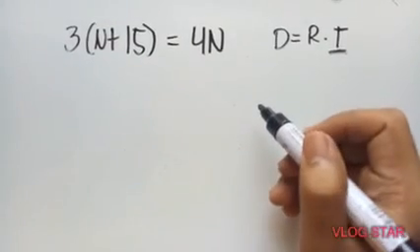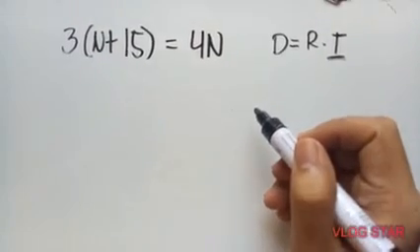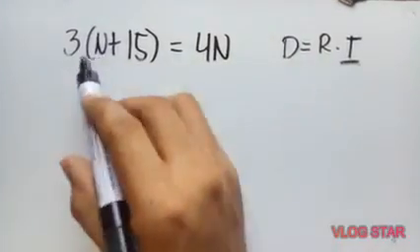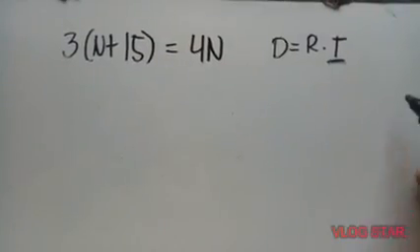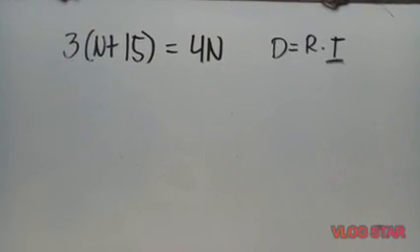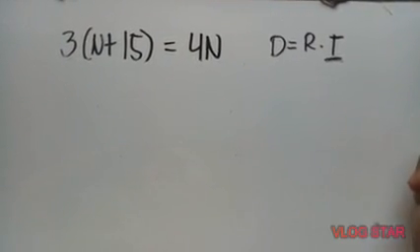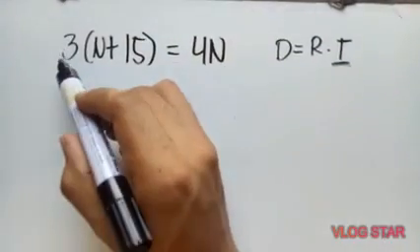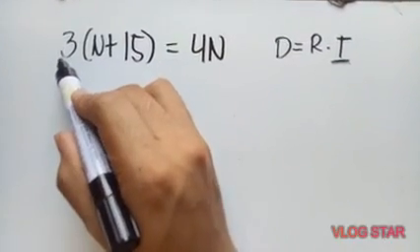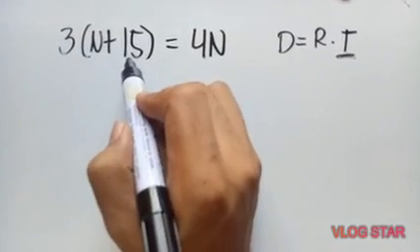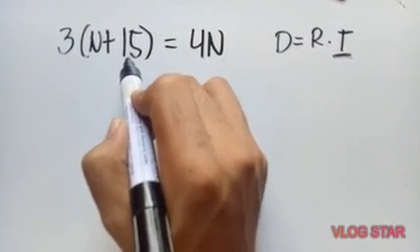So the distance traveled by the faster and slower jeep is equal, but they only differ in rate and time. As you can see here, for the faster jeep, 3 hours with the rate of n plus 15.